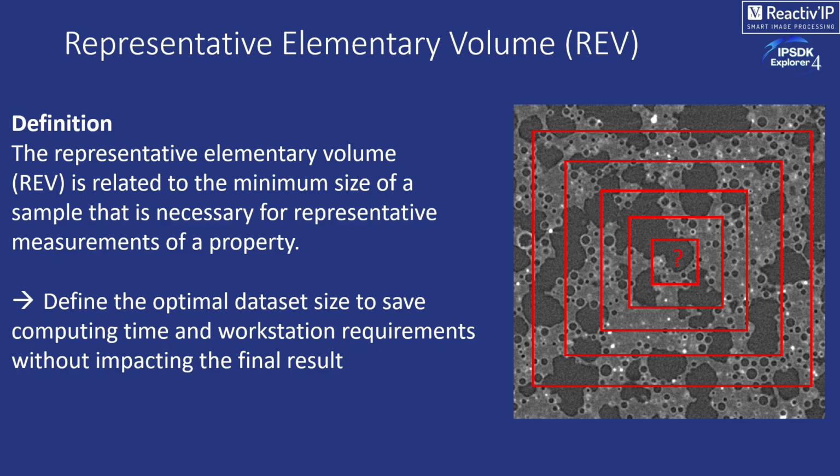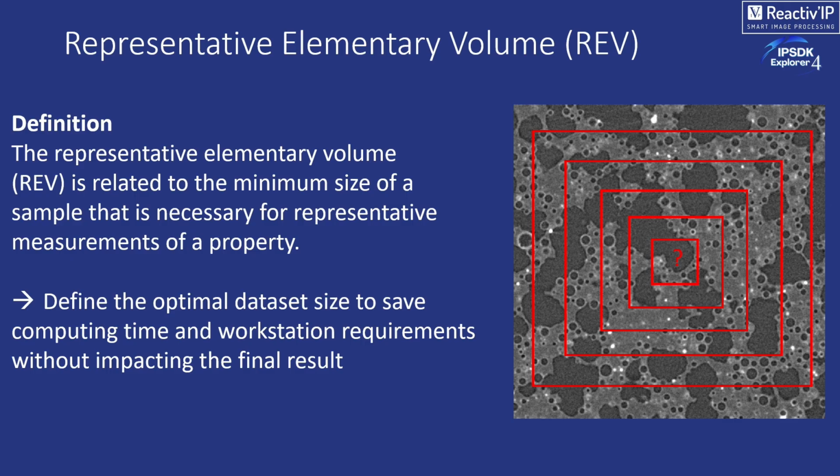Basically, REV, representative elementary volume, which you can also see in the literature called RVE. But this question is for any type of user. Trying to find the minimal size of a data set that will be representative of the result. So defining that, but without impacting the final result.